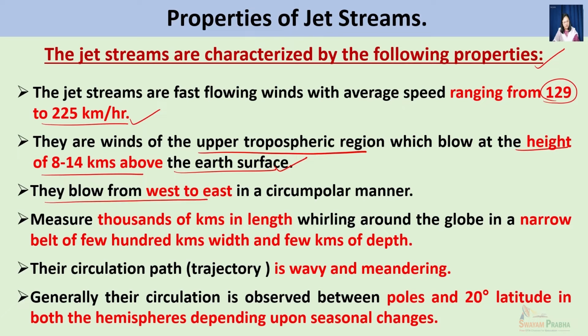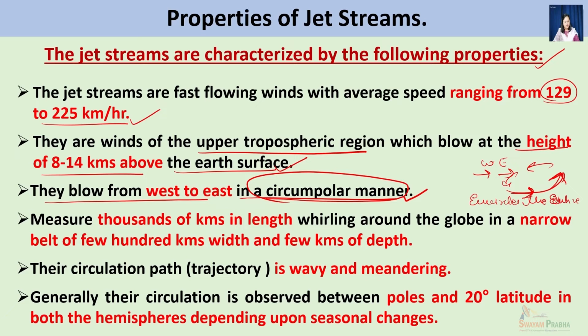They primarily blow from west to east in a circumpolar manner. What does circumpolar manner mean? That is, their movement covers the entire globe. They are circumpolar in nature and encircle the entire planet, blowing from west to east.